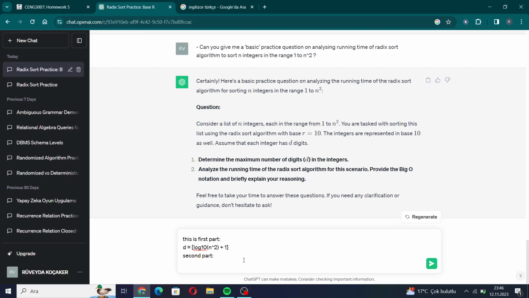This equation finds the floor of the base 10 logarithm of n squared and adds 1 to account for the leftmost digit. Then the second question, analyze the running time of the Radix Sort algorithm. Radix Sort processes each digit of the integers sequentially from the least significant digit to the most significant digit. In this case, we are using base 10, so there are d passes through the array, one pass for each digit.